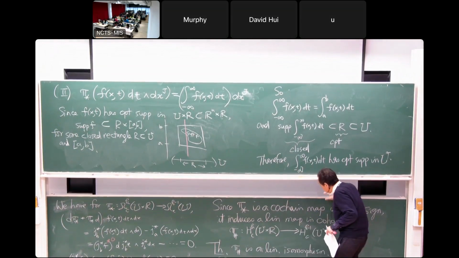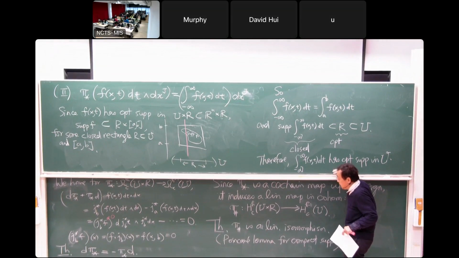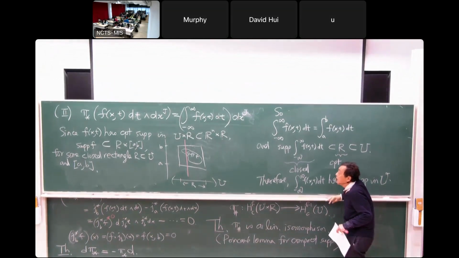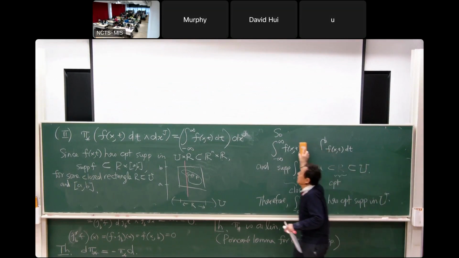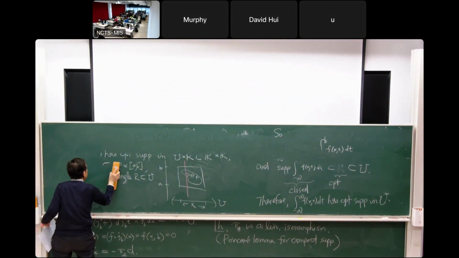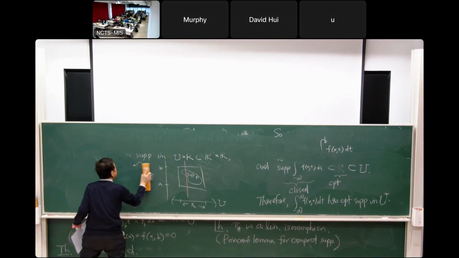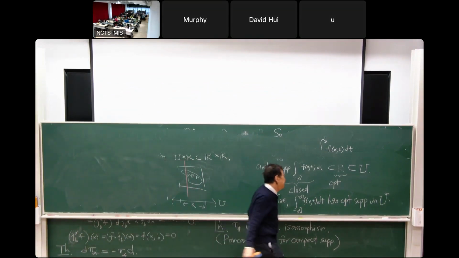Okay. Now, I think if it's that low, people can see it online. So let's take U to be Rn minus 1.